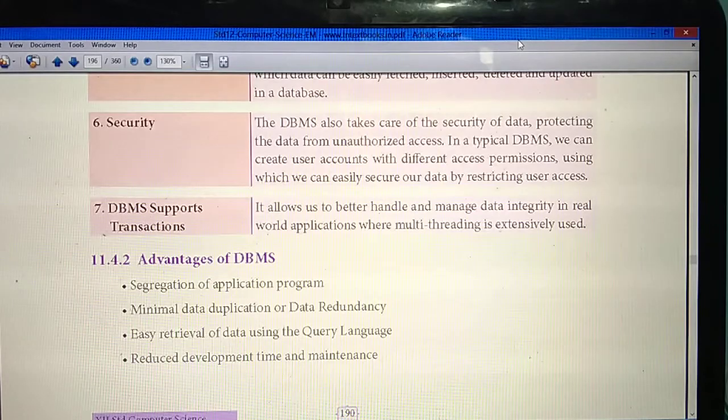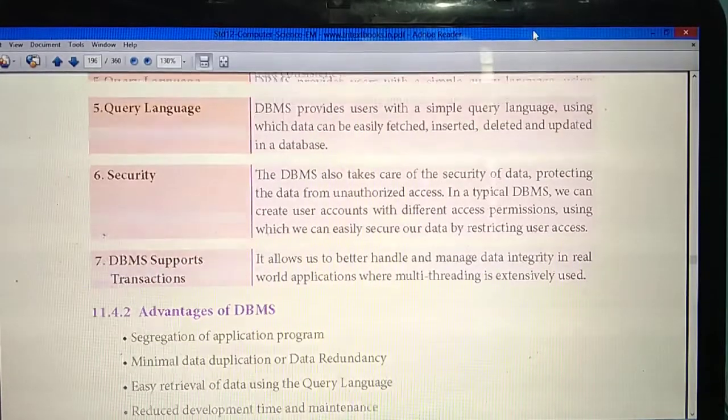Okay, so that is called multi-threading. At the same time, 2 or 3 or 4 tables of data are accessed. That is called multi-threading. So it will allow the user to handle and manage data integrity. Okay, that means the data won't get changed, but at the same time you can access the details of the data. Understand?